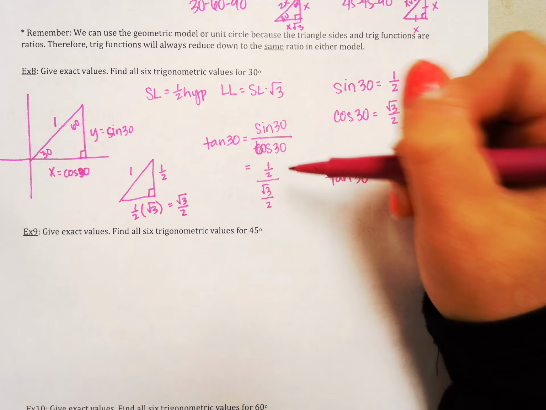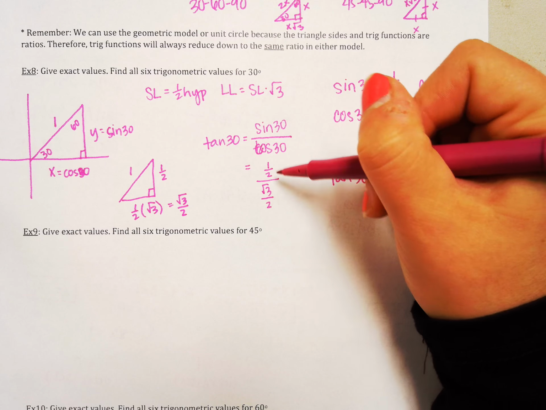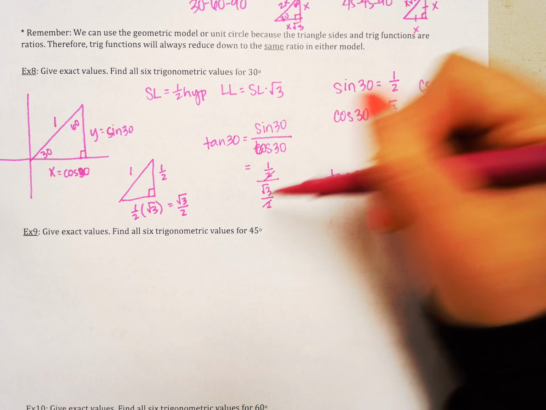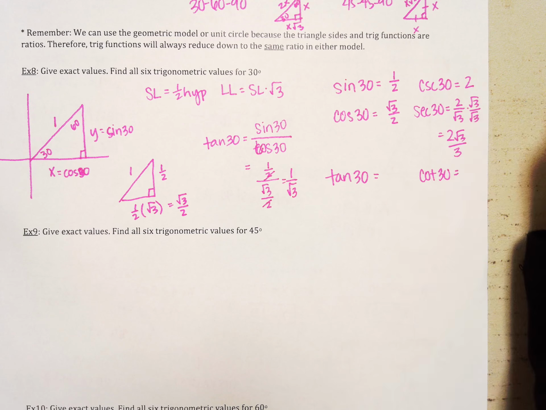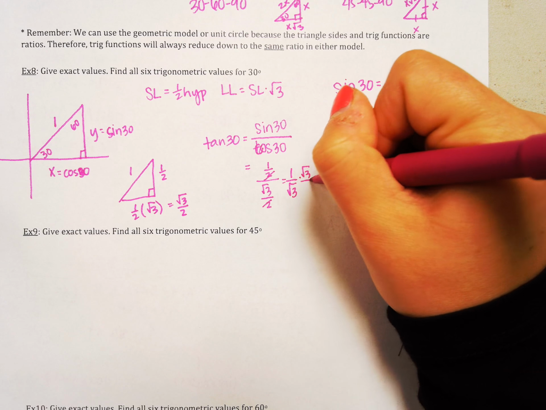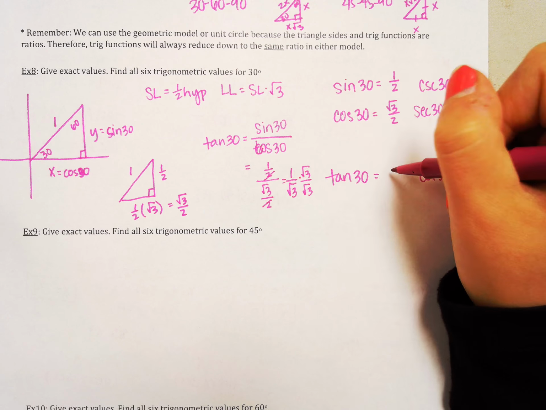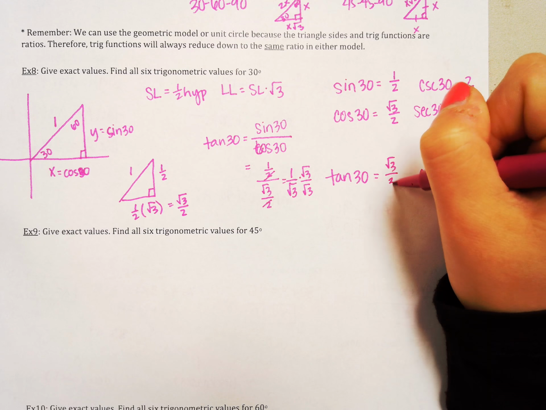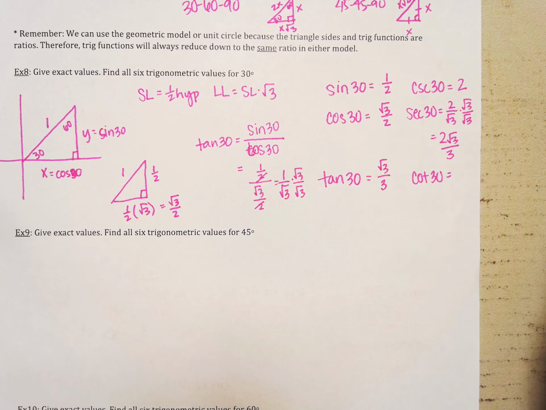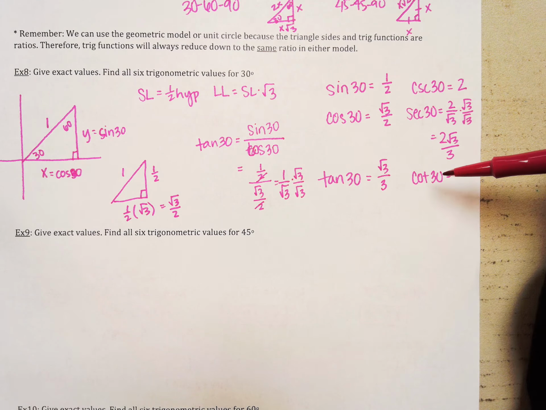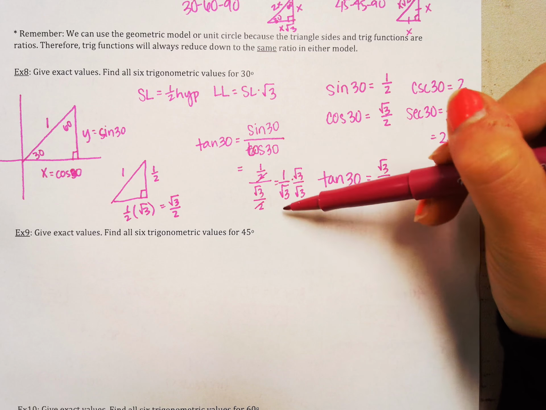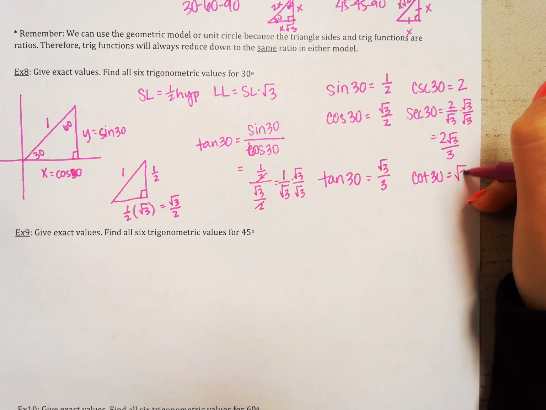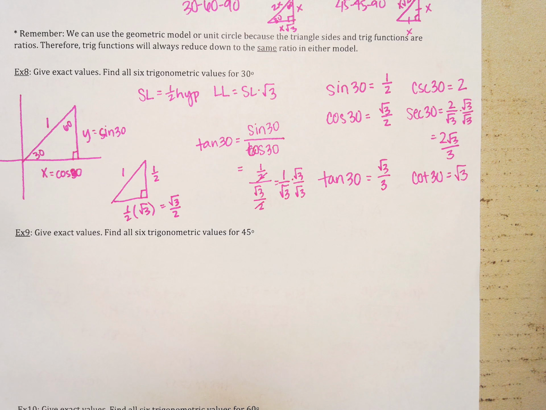We've seen before how our denominators cancel out, but you could also just multiply by the reciprocal. Those will go away, and you'll have 1 over √3, and then we rationalize, and we get that our tangent of 30 is √3 over 3. And then our cotangent is the reciprocal of that, so you could flip that one and re-rationalize, or since I already had that rationalization step done, it's √3 over 1.